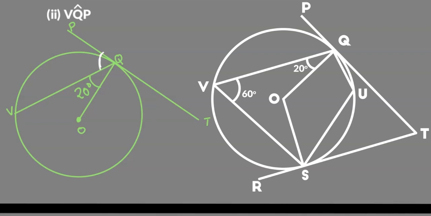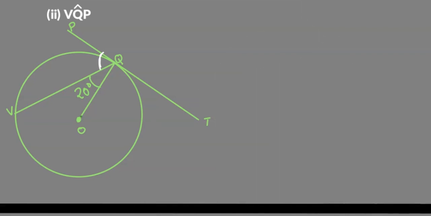Now, notice here, there's a normal and a tangent. OQ is a normal, TP is a tangent. The angle between a normal and the tangent is 90 degrees, so I can show that this is 90 on the other side, and because this is 90, we expect the other side also to be 90. Therefore, the sum of the angles VQO and VQP are supposed to give us 90 degrees, because they're adding up to 90.